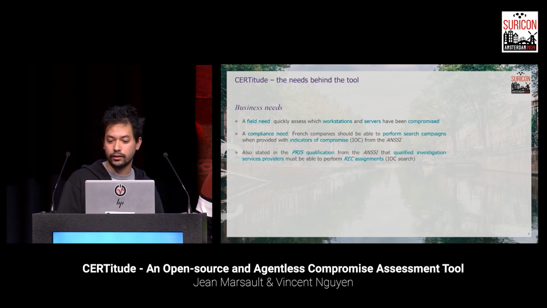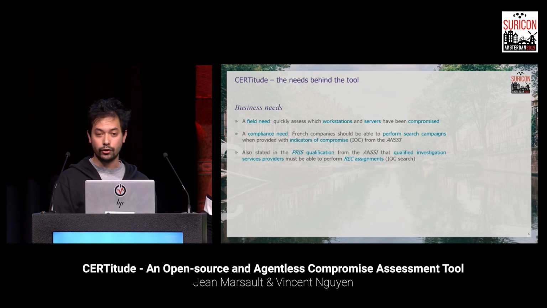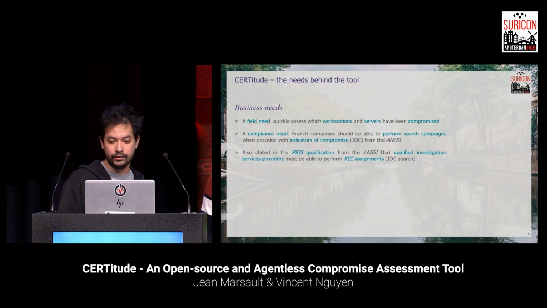But before explaining what CERTitude is, the very first thing I need to do is explain the needs behind this tool. First need: when we are in incident response, we do forensic analysis, and then usually we need to quickly assess the extent of the compromise on the overall information system. This means we need to check each workstation, laptop, server, and so on, based on the first IOCs that we would have found during the initial forensic analysis.